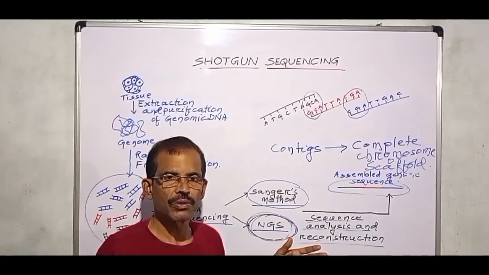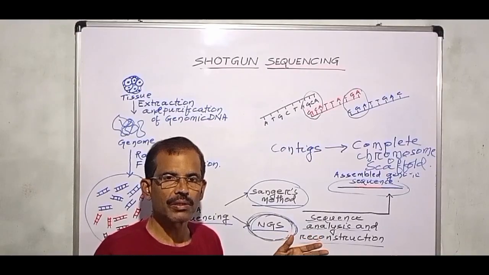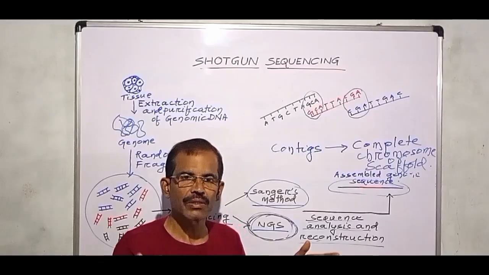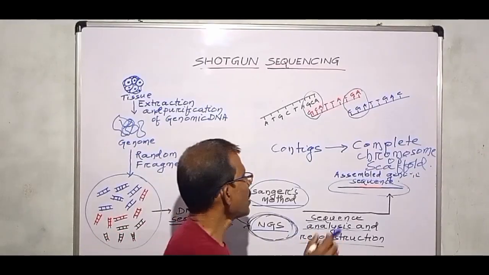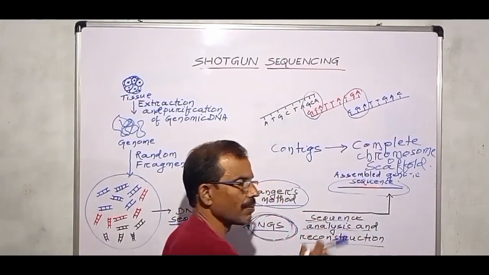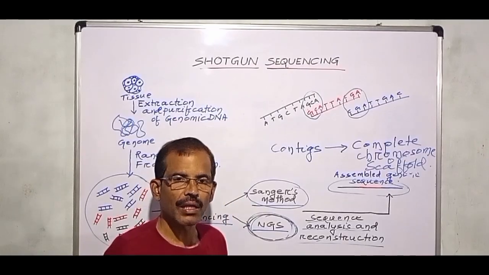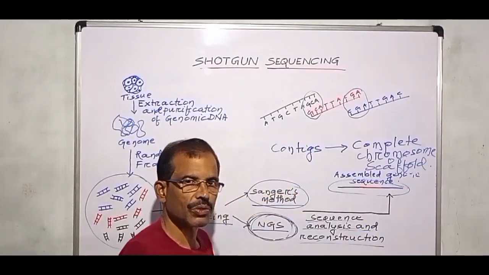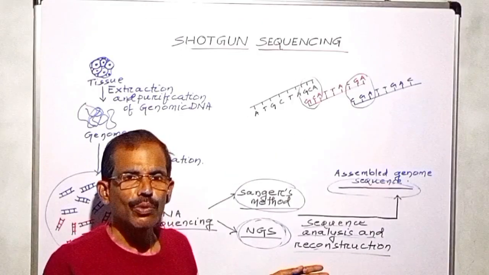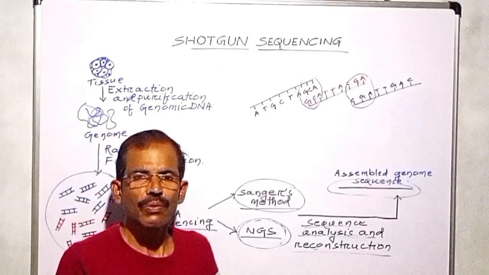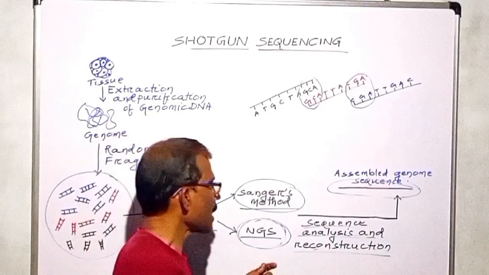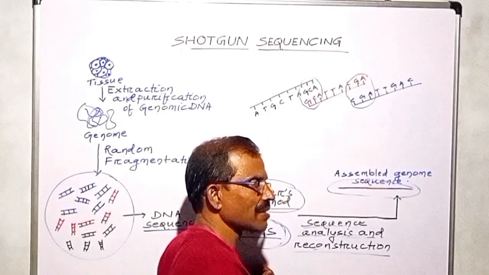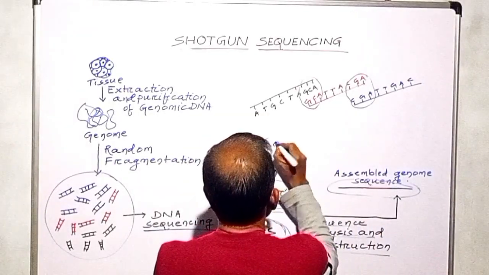In shotgun sequencing, a computer program analyzes the sequences of a large number of DNA fragments known as reads and finds out overlapping regions between them. Then by aligning the overlapping regions, the complete sequence of the genome is constructed. By using computer algorithms, various sequenced DNA fragments are reassembled based on the overlapping regions into larger sections called contigs.